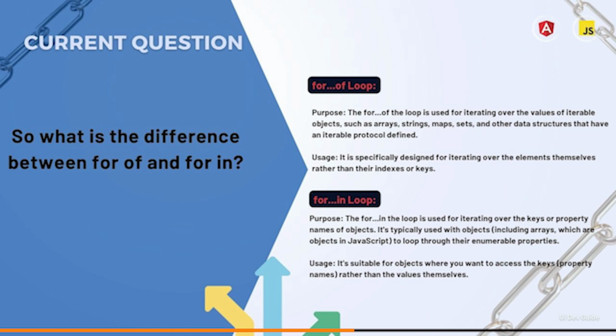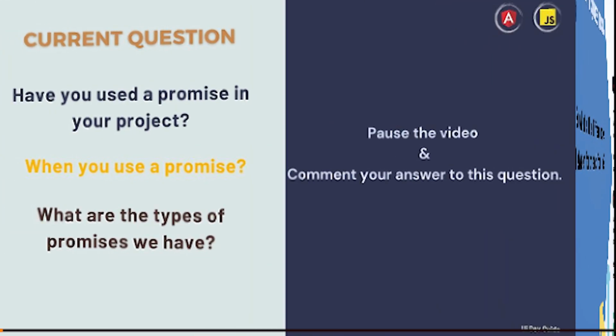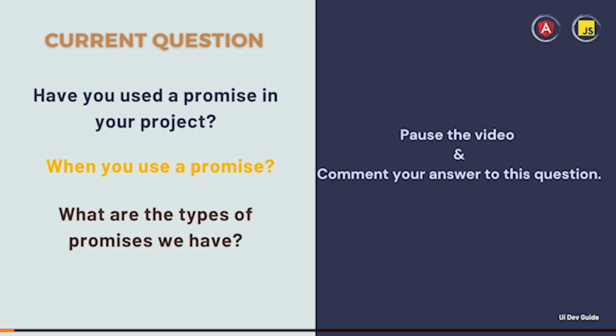And the for of loop would iterate over the value. So if we have an object, it would iterate over the value of the particular key. And in case of an array, it would also iterate over the value. Yeah, correct.